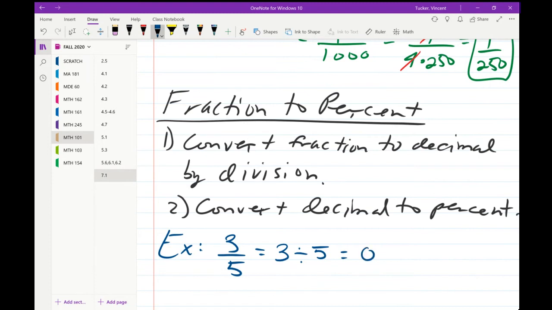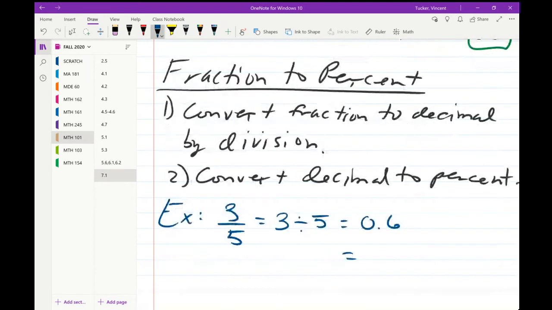That should be 0.6. We already talked about converting decimals to percent. Move the decimal 2 places to the right. So that'll be 60%.